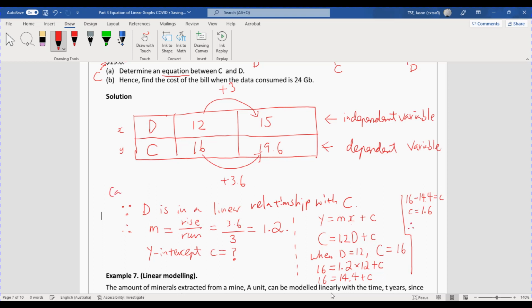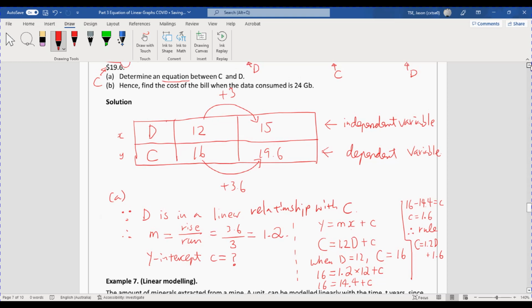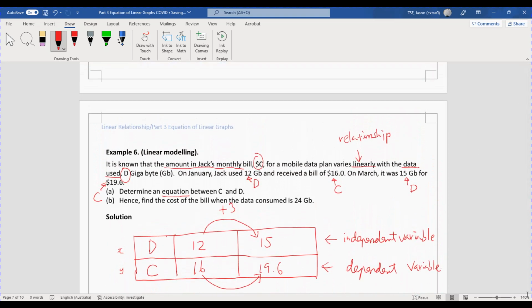Therefore, it's still part A. How can I create some space to do part B? I think I drew that table too big. All right, and the rule is capital C equals 1.2 capital D plus 1.6.